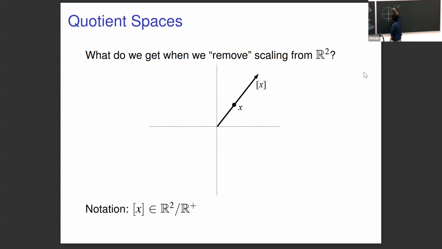And by equivalence class, I mean that every point on this line segment should have the same representation in your space. Irrespective of where you are on this line, it should have the same representation, which is the equivalence class, because we are considering all of these points to be equivalent to each other, right?